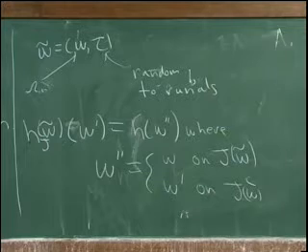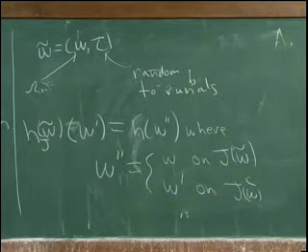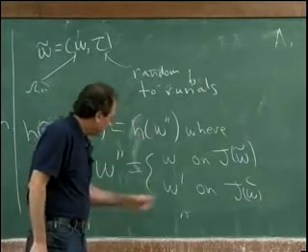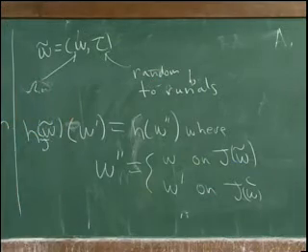So this is a more formal way of writing out what I just said. So you fix the bits in J to be omega, the original bits, and then it just becomes truly a function of the other bits.